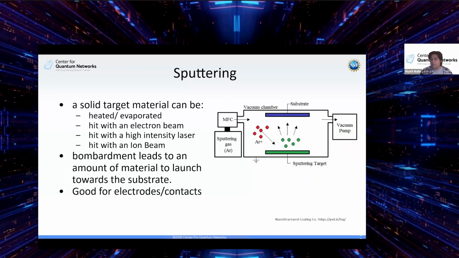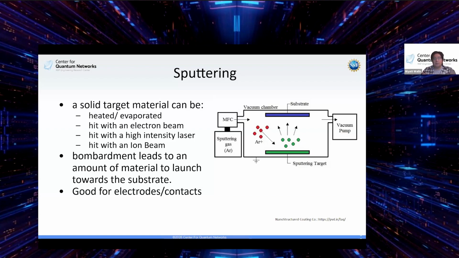Now, sputtering, just like CVD, has a lot of different ways in which you can do it, but it's a much more physical process than those. It deposits using a much more physical process. So one way you could do it is that you're going to have your target material, and it's going to be in some sort of ingot. Sometimes it's a cylinder, sometimes it's just like a bar. Point is that it's going to be sitting in your vacuum chamber.